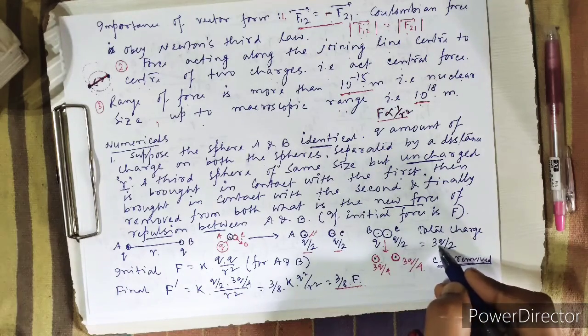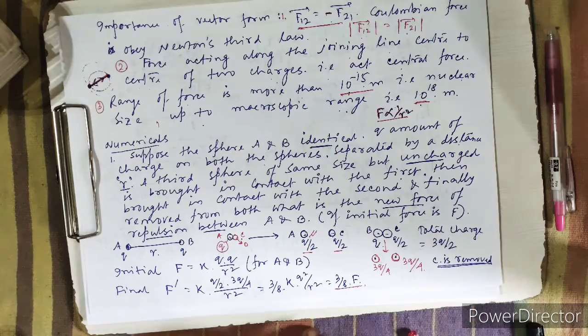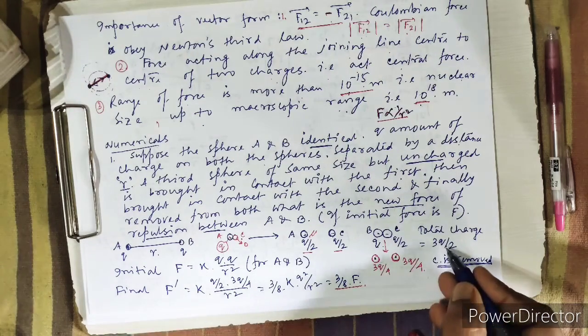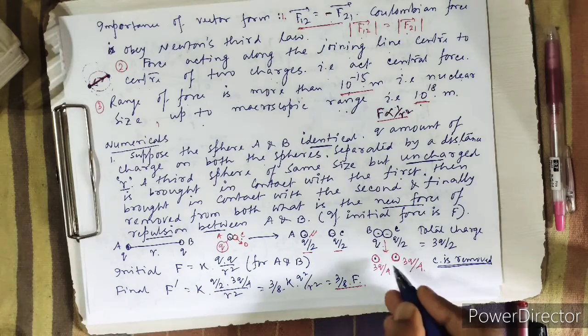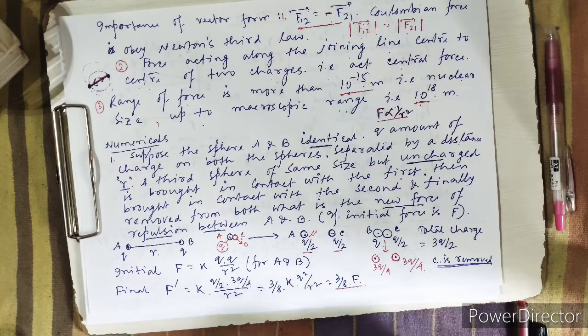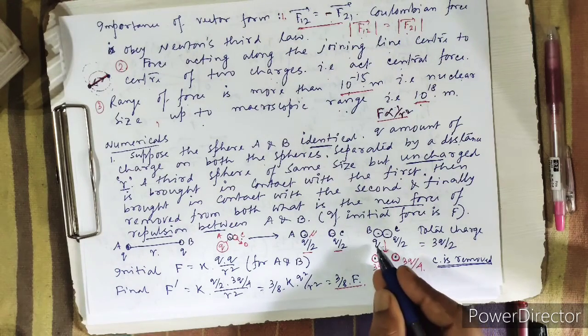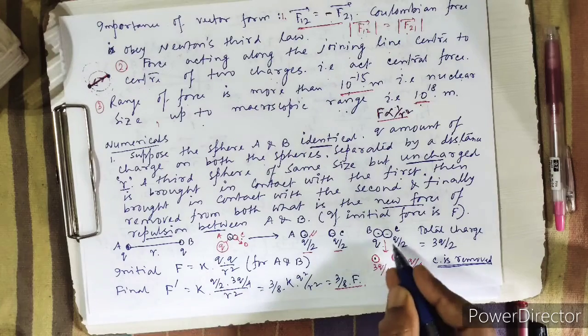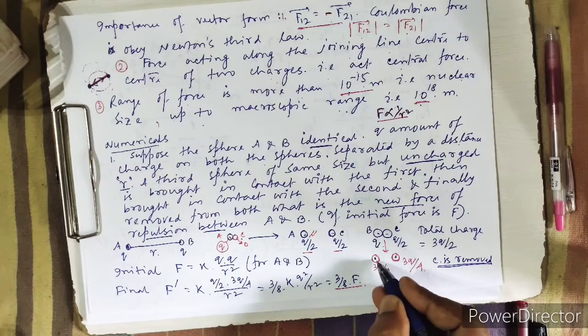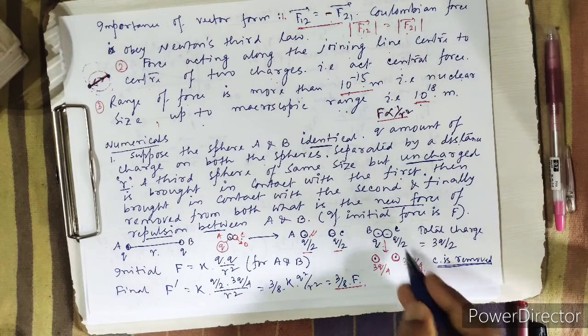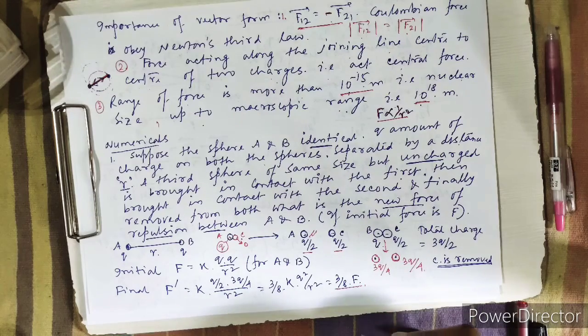Therefore the total charge is 3Q by 2. This 3Q by 2 charge is shared equally between both the spheres, that is half of the total charge, 3Q by 4 on B and the remaining 3Q by 4 on C. C is removed.